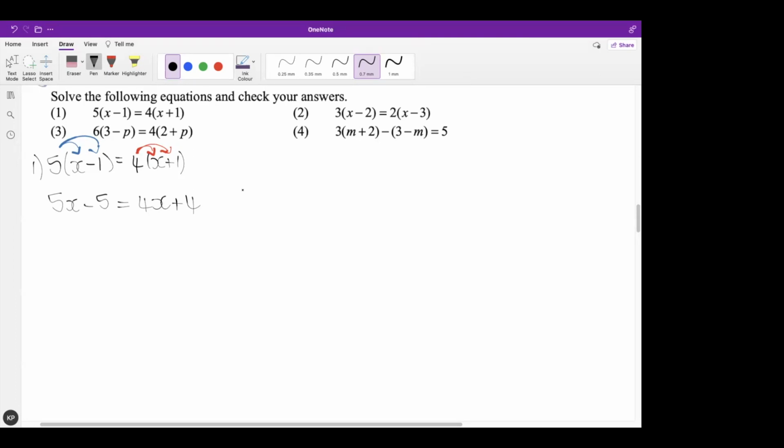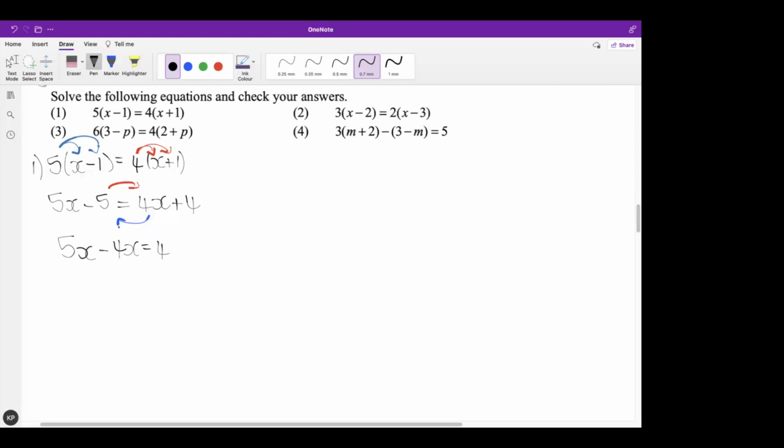So what will I do with those that are not on the correct side? I'm going to move them over. So negative 5 has to move over, and so does 4x. Now tell me, 4x, what's the sign of 4x on the left-hand side after I move it? So it's 5x minus 4x equals 4.